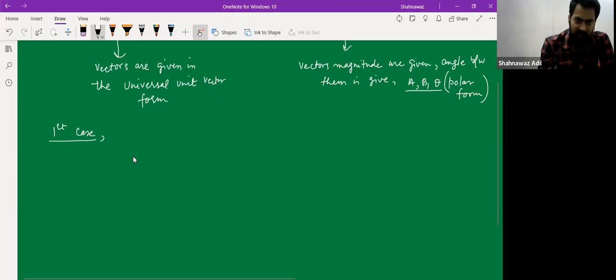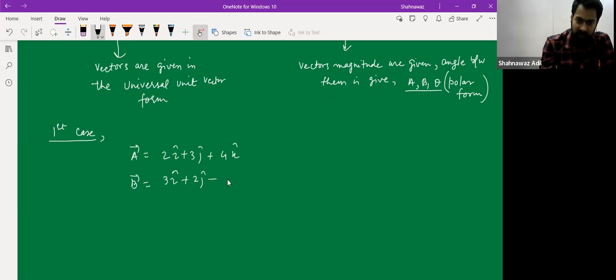For the first case, let's say you have a vector which is 2i plus 3j plus 4k, and you have b vector which is 3i plus 2j plus, let's say, minus 7k. So what would be the addition of vectors?